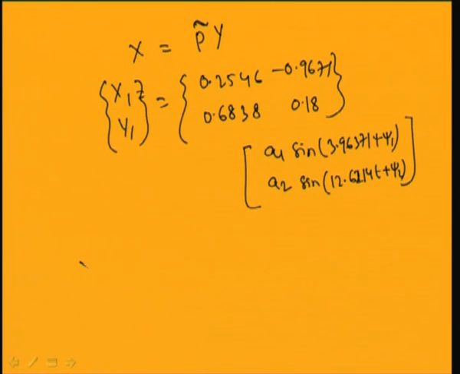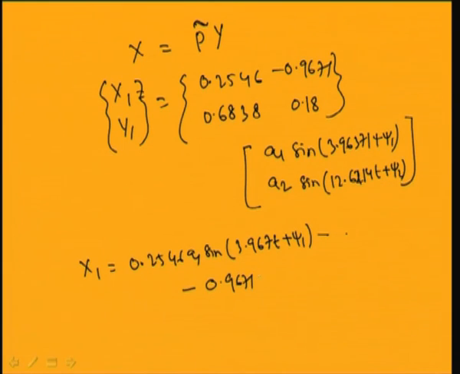So, from this you can obtain x1 equal to 0.2546 a1 sin 3.967 t plus psi 1, minus 0.9671 into a2 sin 12.6214 t plus psi 2.